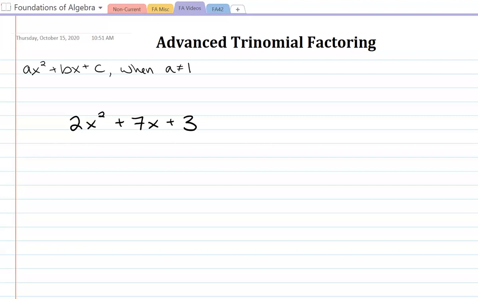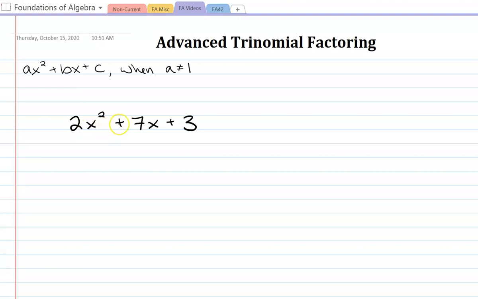Now, last time we talked about finding the factors of c, and they had to add to b. Well, because a is not 1, we can't do that immediately. We have to take this a into account. We have to do something with it.